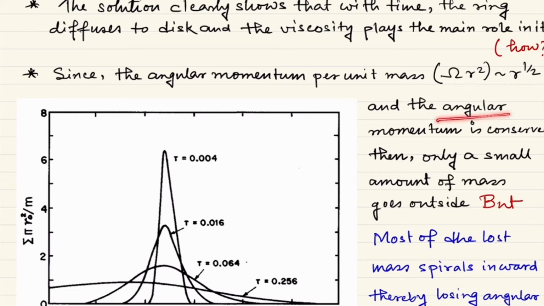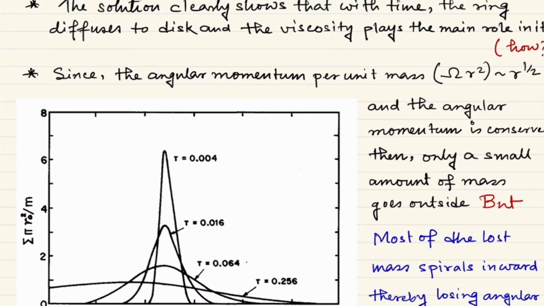And then the angular momentum should increase when some mass goes outside to larger and larger r. If the angular momentum should be conserved, then what happens? The angular momentum gained by the mass which is going outside should be compensated by the angular momentum lost by the mass which is spiraling inward.